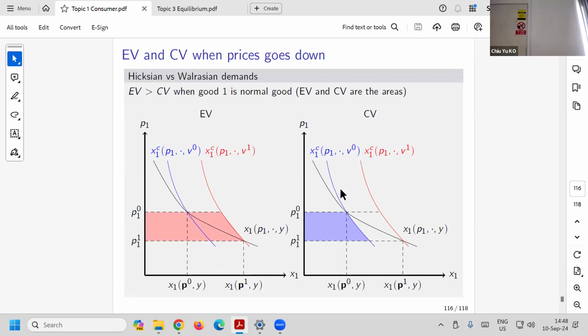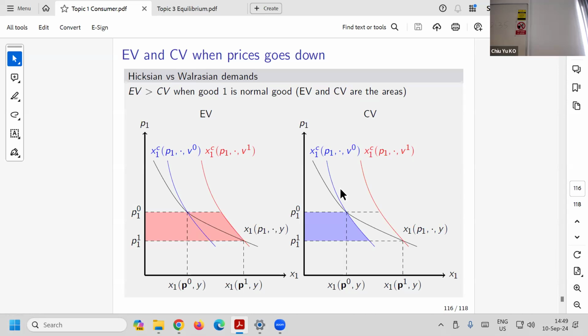Now we focus on the case of a normal good. Suppose this is the Hicksian demand, and the Marshallian demand for a normal good is like this. Now suppose price one changes. What happens when you draw the Hicksian demand under another utility level, at the lower price?